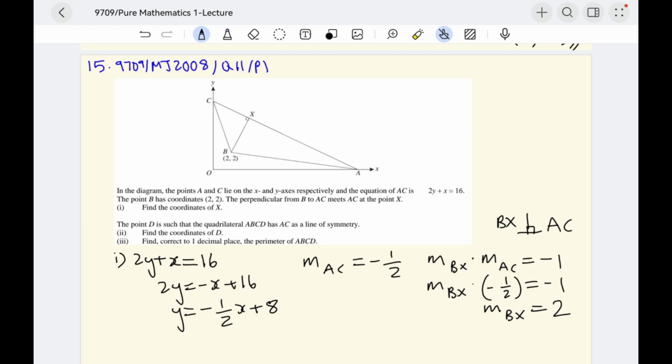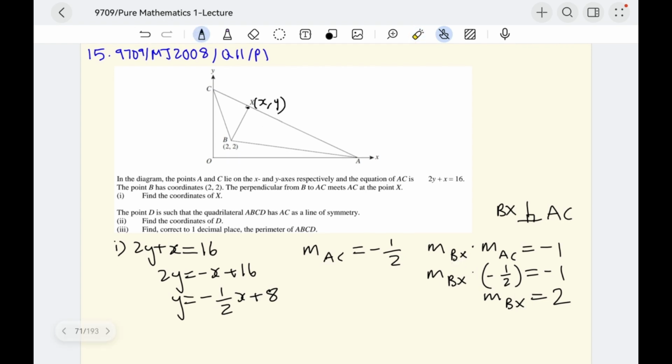Okay, so as I said, assume the coordinates of X is unknown, label it as (x, y), and then express the gradient of this with only a known coordinate, in terms of x and y. That leads to another equation of BX.